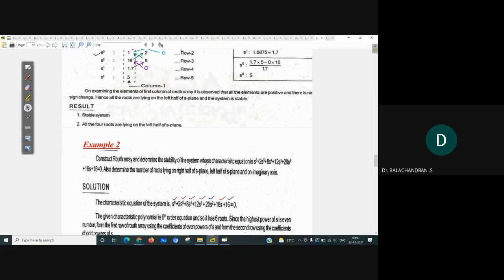First you should write the characteristic equation. The characteristic equation of the system is the given equation: s power 6 plus 2s power 5 plus 8s power 4 plus 12s cube plus 20s square plus 16s plus 16 equal to 0. For the first row, s power 6, you should write 1, 8, 20, 16.